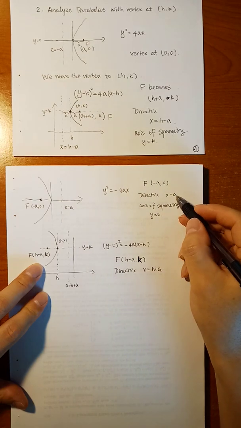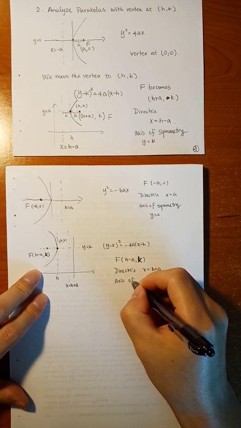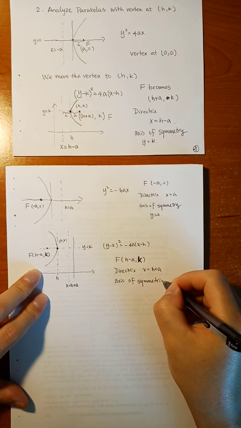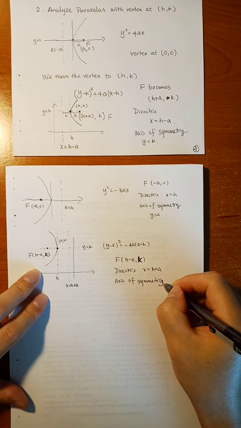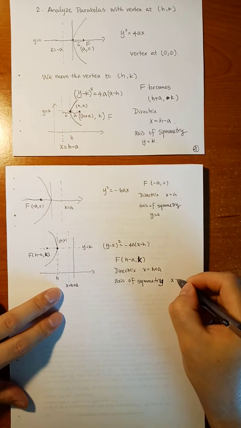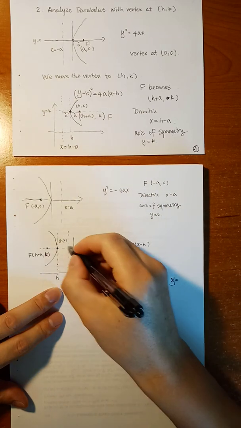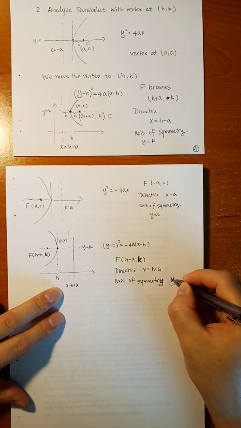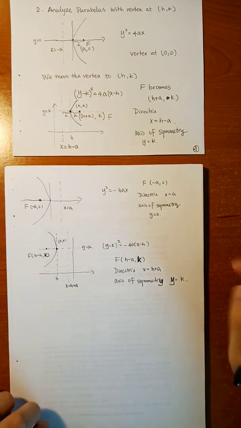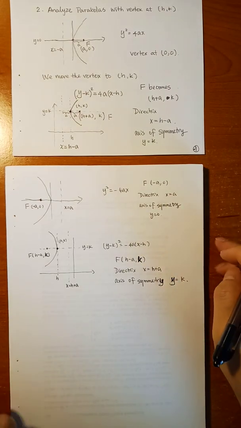You see, a plus h, h plus a. Axis of symmetry, not directrix. Axis of symmetry is y equal to k. So this part is always plus. In the equation it is always subtraction.